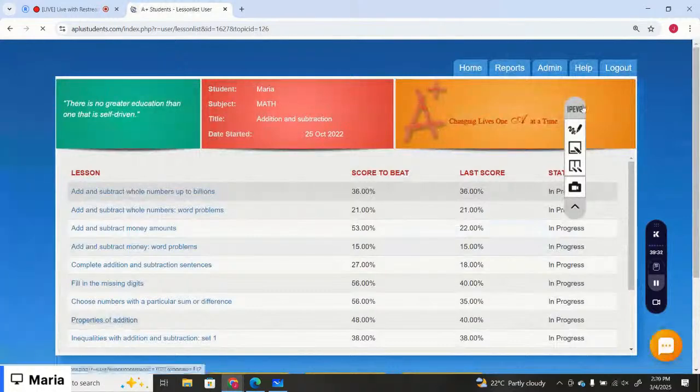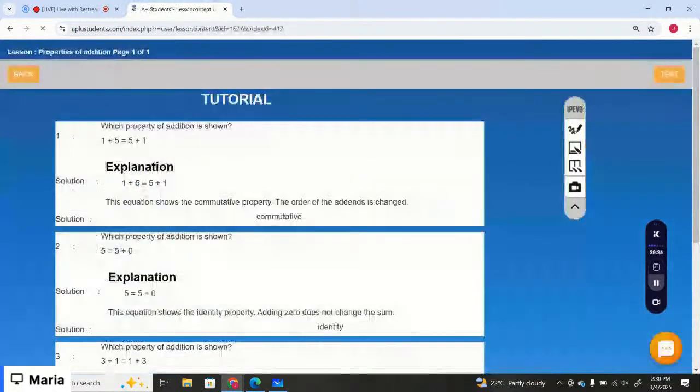That is properties of addition. Let's just start with the first one. Which property of addition is shown?